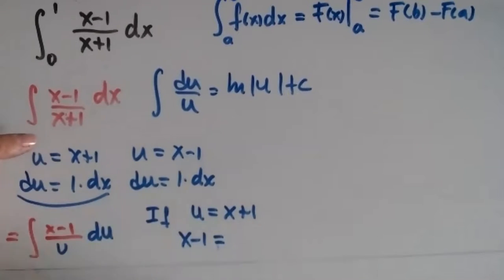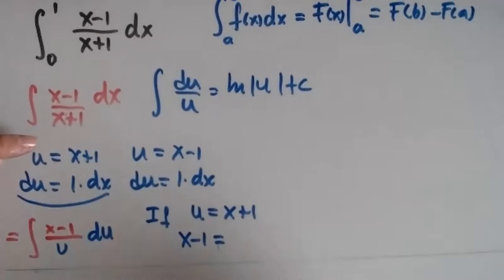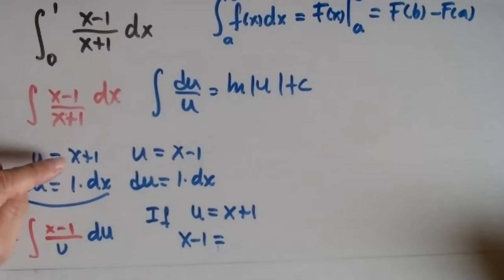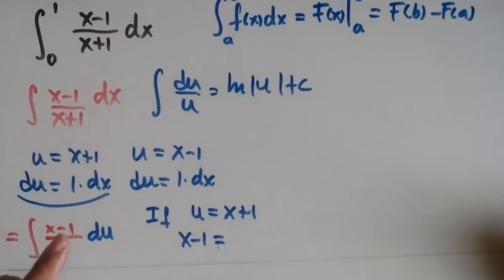We have to continue with that one. It's like marriage. You cannot divorce. You have to continue together until the end. So u equals x plus 1. I changed the x plus 1 by the u here in my expression, the dx by du. And the only thing I have still in red is x minus 1.